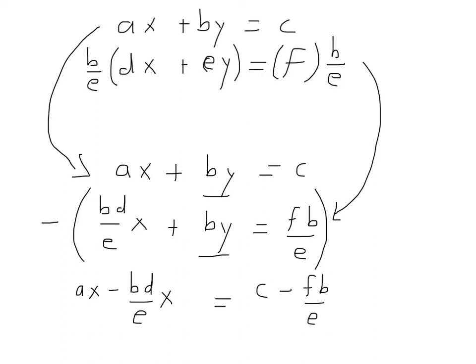What I would like to do now is multiply both the left and right hand sides of the equation by e. When we do this, we get aex minus bdx, and that's equal to ce minus bf.